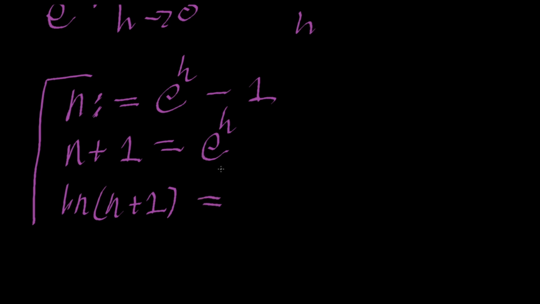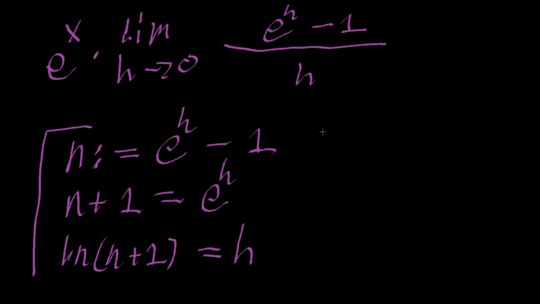But that is just h, because e raised to the power of what is equal to e to the power of h? That what, of course, has to be h. But notice, if h is approaching 0 and n is defined to be e to the power of h minus 1, then n must also be approaching 0.